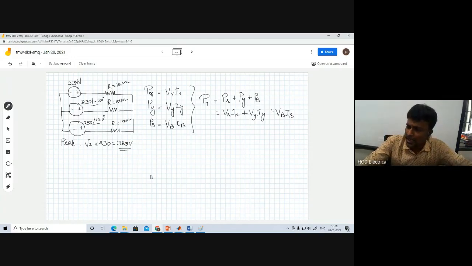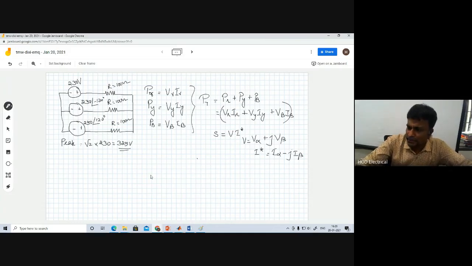Here I am concentrating on the real power only, not reactive power. Similarly, for apparent power, we know S is V into I star. In the alpha beta reference frame, V is V alpha plus j into V beta, and I star is I alpha minus j into I beta.